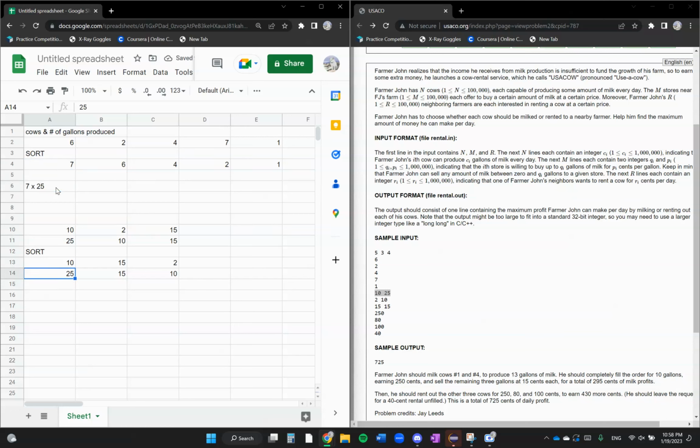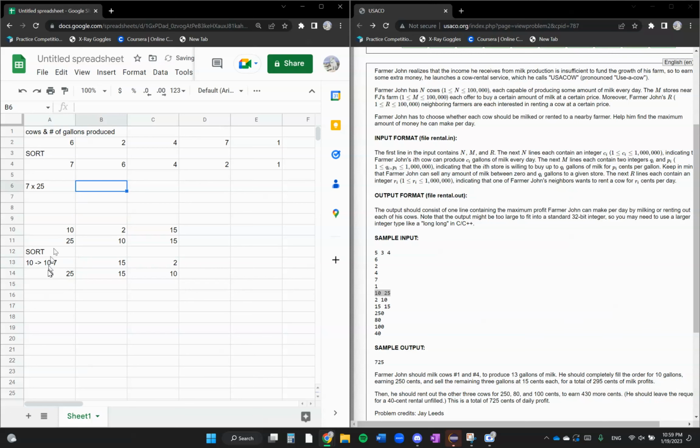And now this 10 is going to turn into a 10 minus 7, since we sold 7 gallons of milk so far, and they're only willing to buy 10.